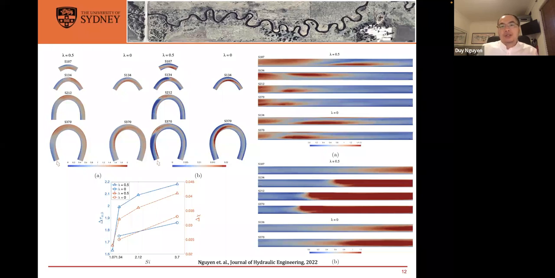These are preliminary, initial results showing that changing the geometric parameters of a river influences the level of stratification. Knowing that will help us build a better model for river management later on.